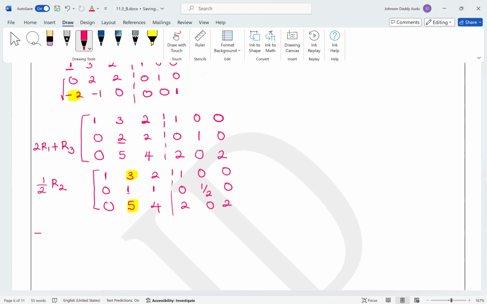So this is going to be minus 3R2 plus R1, and also minus 5R2 plus R3. In that case, this will still remain 0, 1, 1. And this is 0, half, 0.